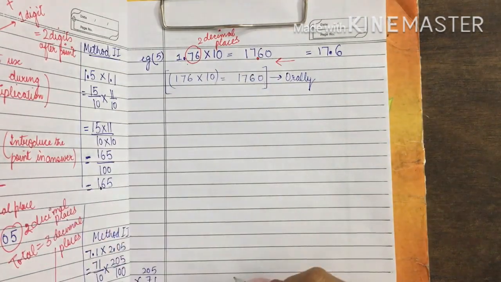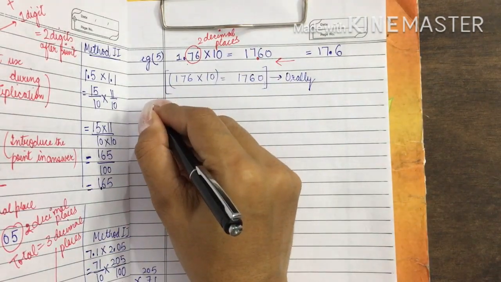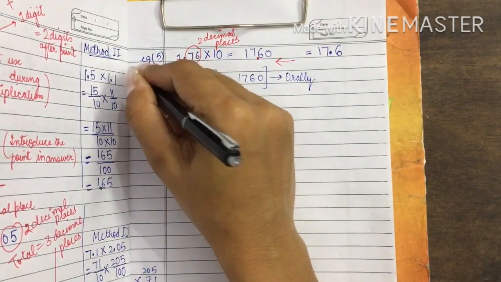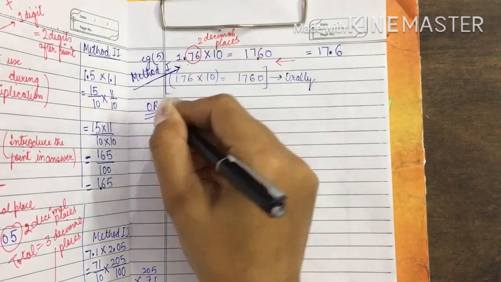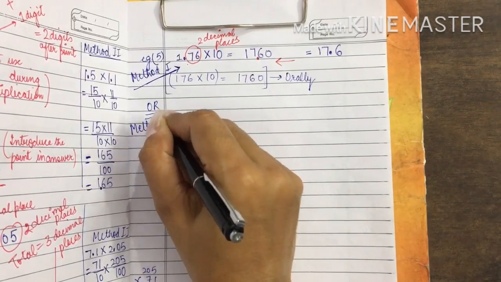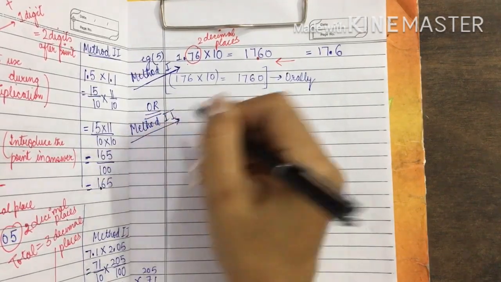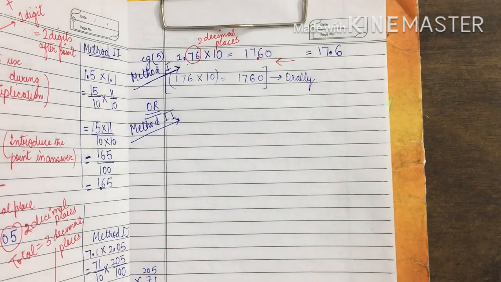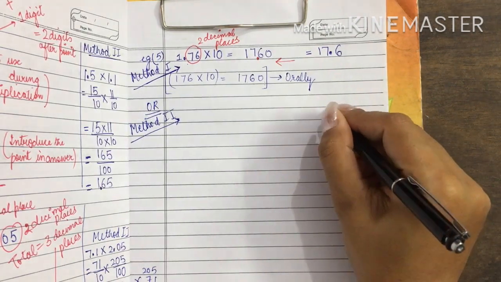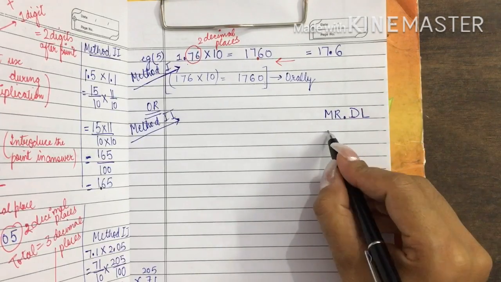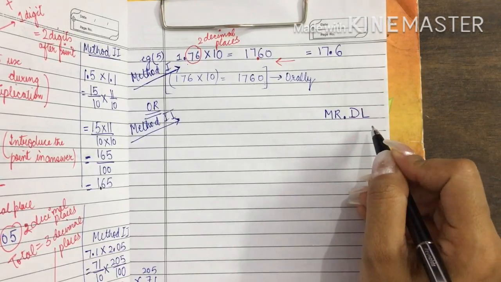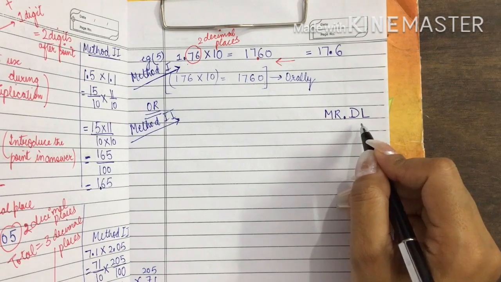This is the first method, and now the second method. Although the first method is also like a shortcut because we multiply in our mind, we do not multiply in a working column. The second method is a direct method. If you remember, you have come across this rule. It looks like I've written Mr. DL, Mr. Deepak Lal, but it's not Mr. Deepak Lal.